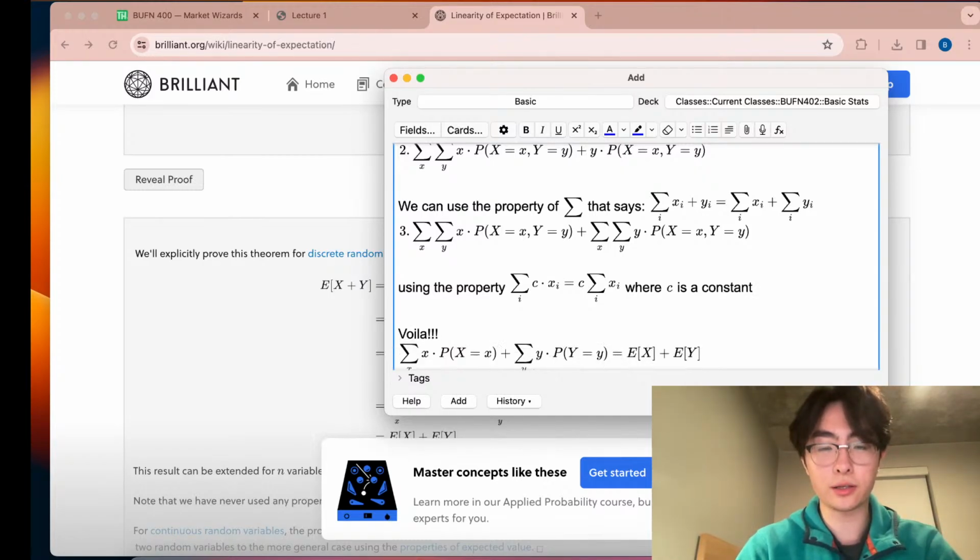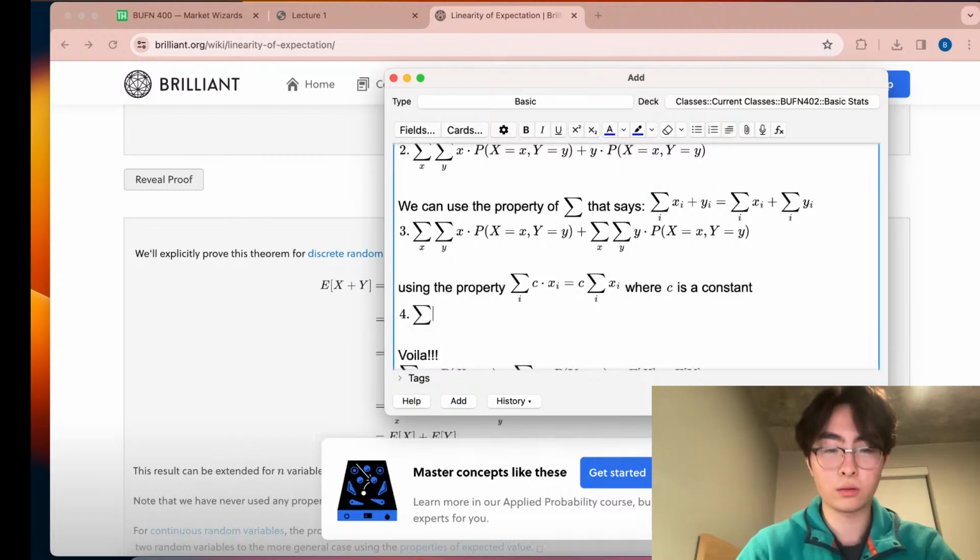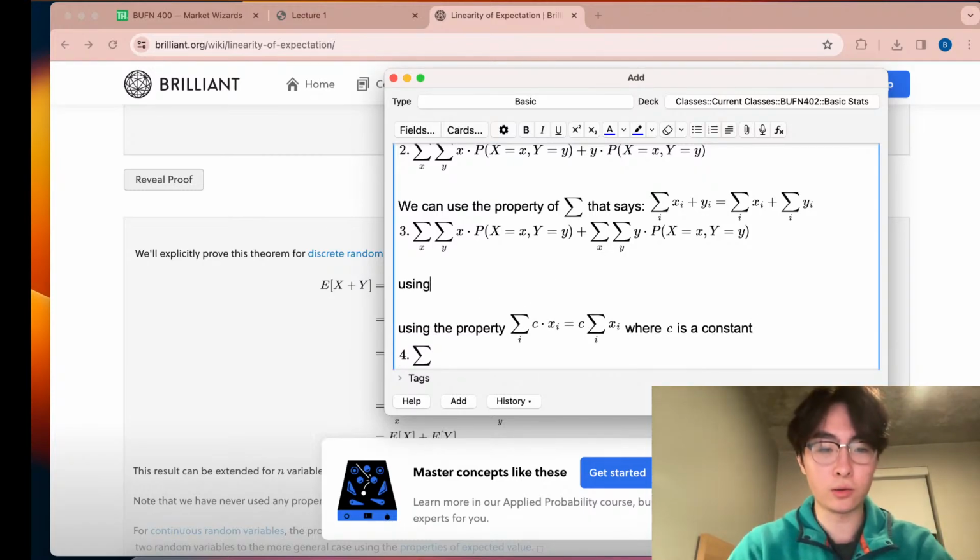Using the property, the summation over i of c times xi is equal to c times the sum. Okay, maybe using the property.